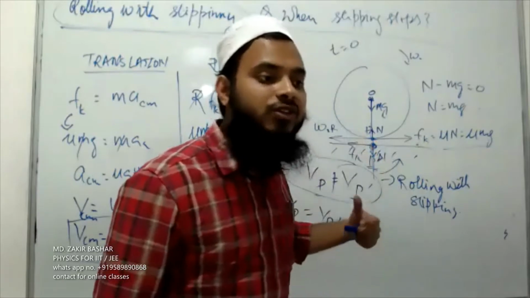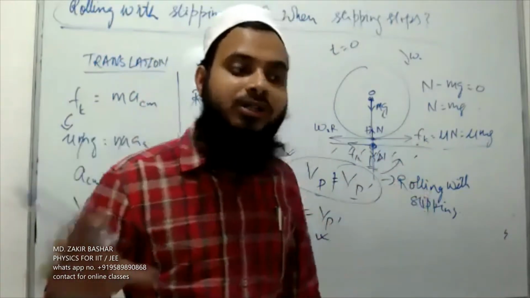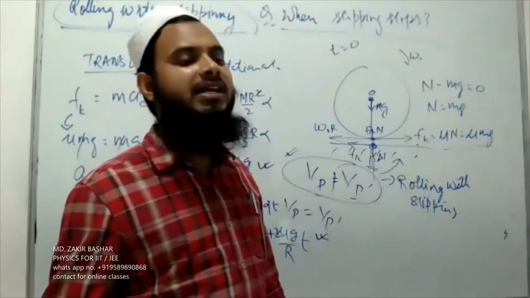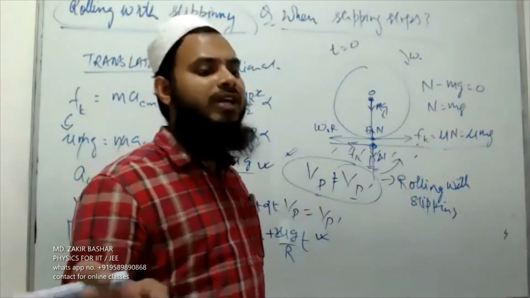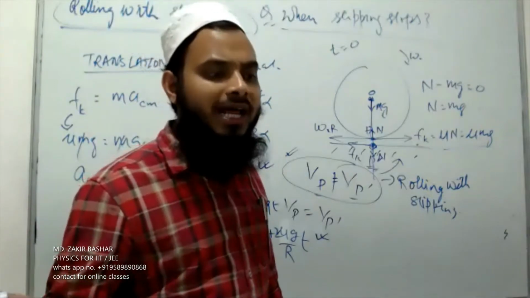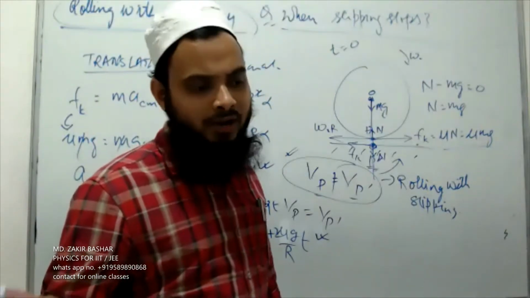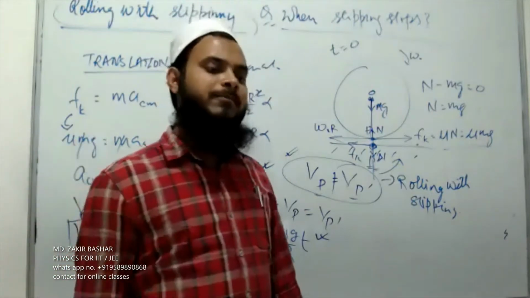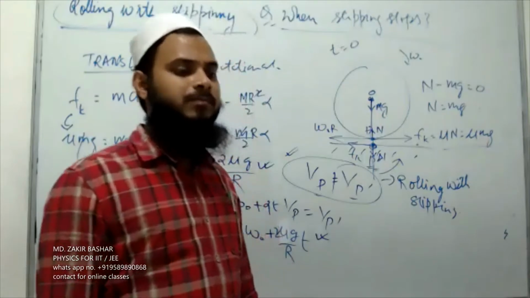So the net velocity of P will become 0. This is my goal. And what is the goal of the kinetic friction? The goal of the kinetic friction is to equalize the velocity of the point of contact. Is it clear?